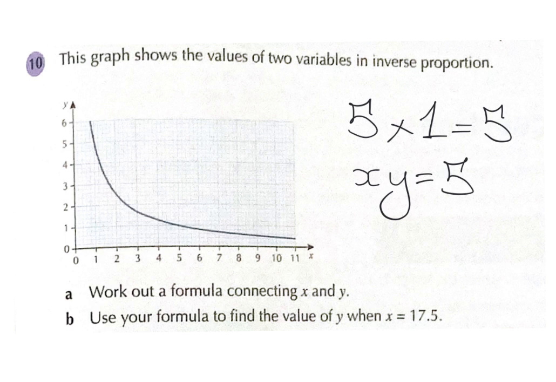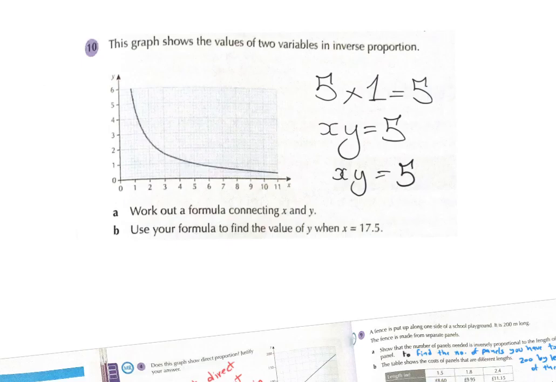Now B, use your formula to find the value of y when x equals 17.5. So xy equals 5. Now you have x. How can you find y? 17.5 times y equals 5.